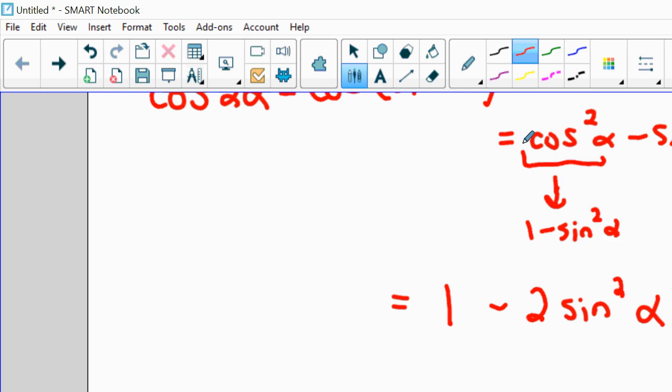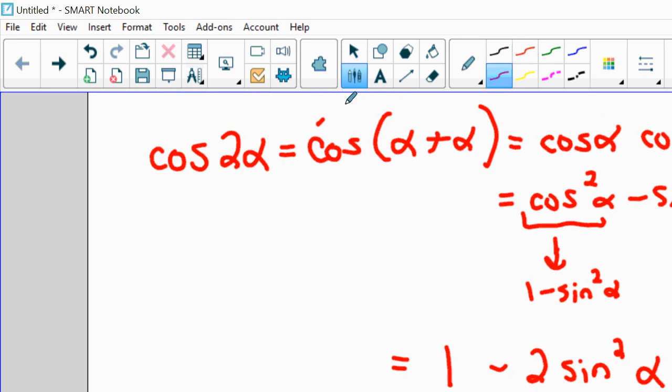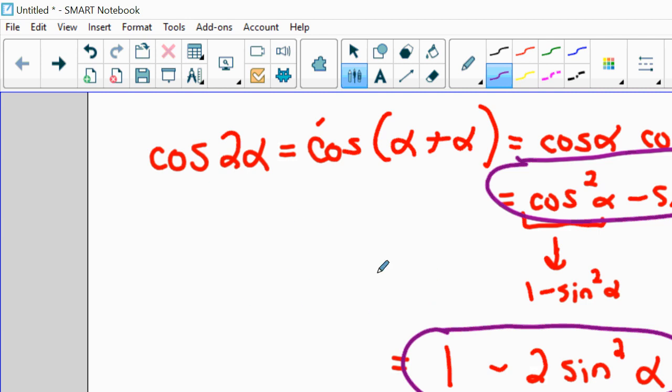But wait, replace this with 1 minus cosine squared alpha, and you get 1 minus cosine squared alpha minus cosine squared alpha, which is 2 cosine squared alpha minus 1. You get 3 different formulas.